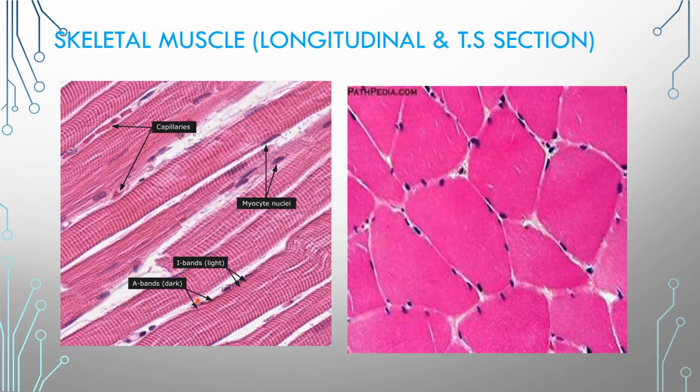These dark bands are called the A bands, or the anisotropic bands, which are anisotropic in polarized light, whereas the I bands are isotropic in polarized light. The cell membrane of the muscle fiber is called the sarcolemma, and the cytoplasm is called the sarcoplasm. The nuclei lie peripherally under the sarcolemma, and you can appreciate the capillaries in the endomysium.